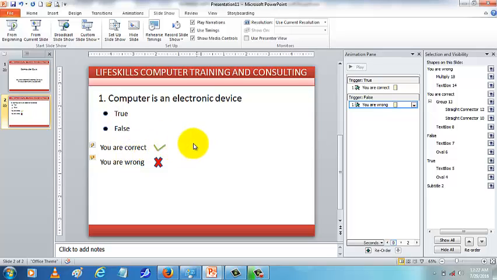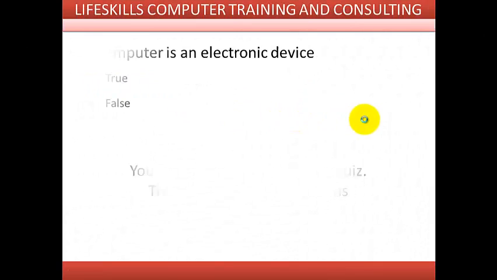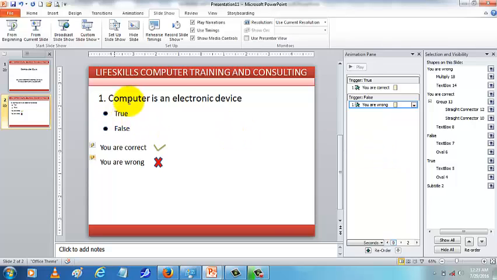Now, but there is a problem. The problem is this. Let me start from the beginning again, the slideshow. If I click this thing, the second slide loads. But if I click on the false part, what happened? It says end of slideshow without letting me see the effect.